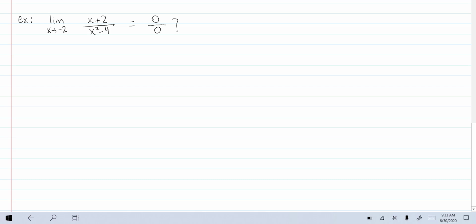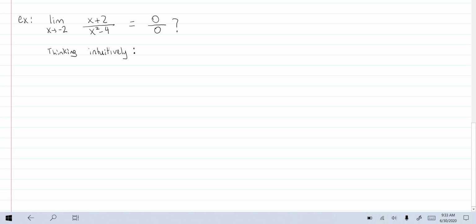Now, if we try to think intuitively about this problem, okay? Let's do that for a moment. So we understand that if x is approaching -2, in your numerator, x plus 2 should be really close to 0.